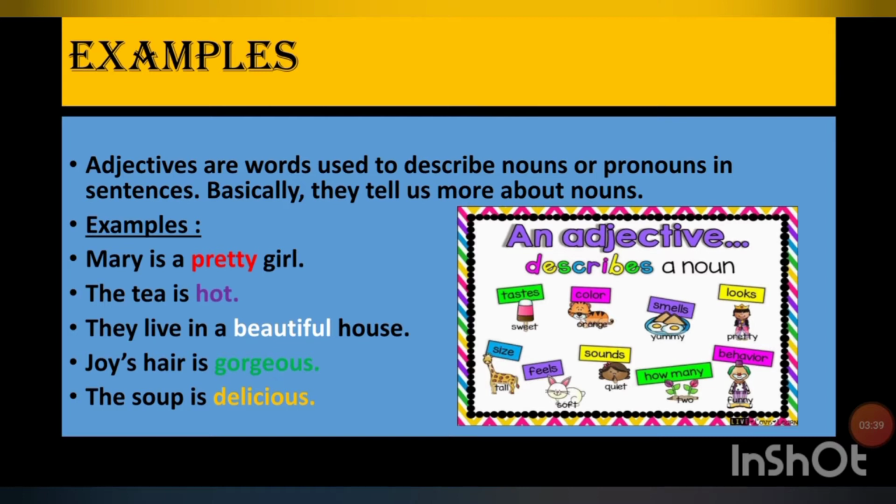Tall. And this little bunny, how does it feel? Soft. The sound here, quiet. How many flowers do we have here? Two. And this clown is funny. Okay? So these words are all adjectives describing the nouns we find in this picture.